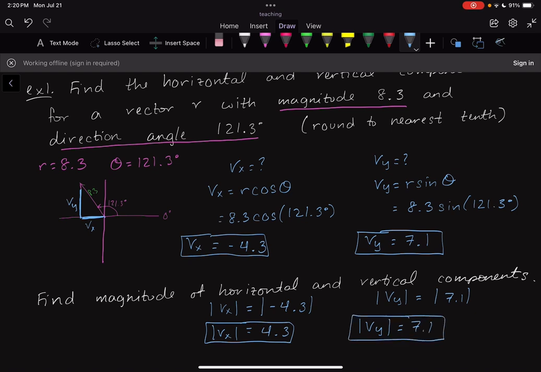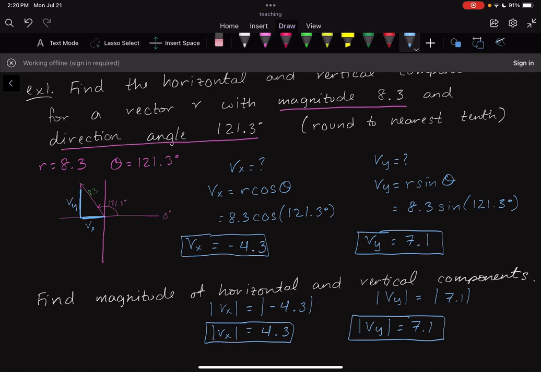But these are asking for different things, so be very careful. If it just asks for the horizontal and vertical component, you will want to keep any negatives that you get. But if it asks for the magnitude of horizontal and vertical, then you're just going to take the positive versions of it. It's because magnitude is a scalar value. It's always positive because it's just about size.